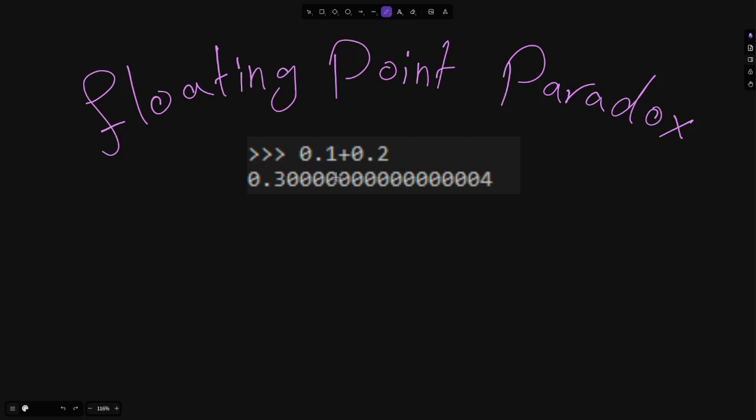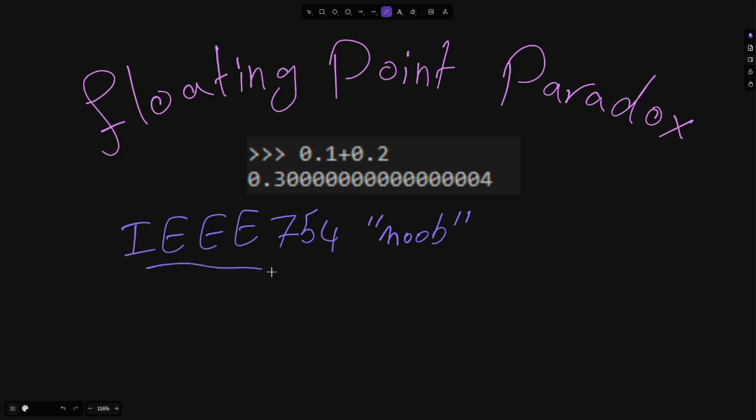If you post this screenshot on Reddit or Twitter, you will get thousands of upvotes and thousands of comments saying welcome to floating point math, and read something called the IEEE 754, and they will call you a noob for it, because sometimes they are just bad out there. Okay, so they tell you to read this IEEE 754.